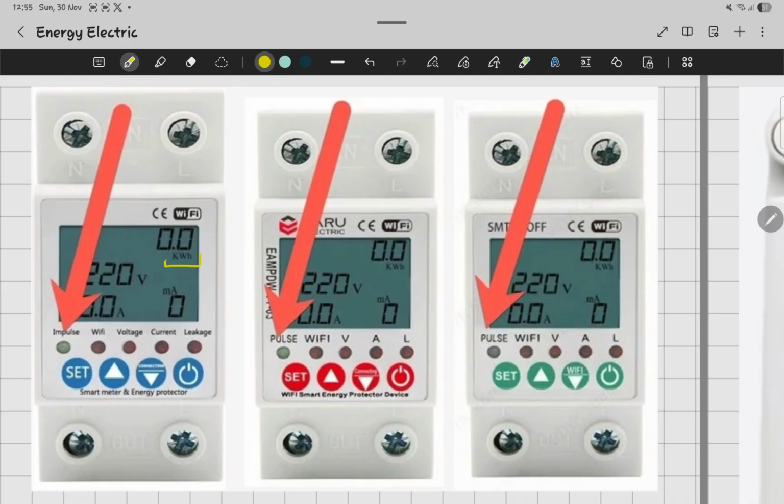So the readings that we're going to get are on the LCD of the electricity unit, and we've got our impulse. This is very important, and our main focus will be on the impulse. It's an LED that will be flashing.